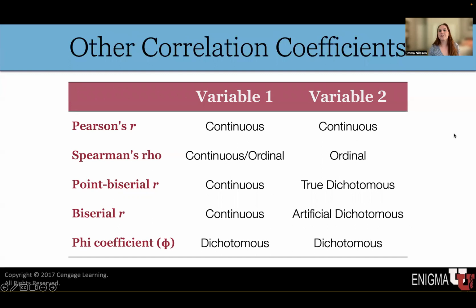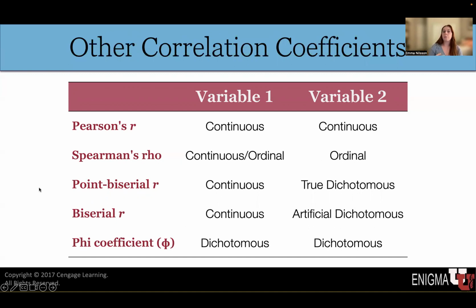And lastly, these are some other types of correlation coefficients that we can use in statistics to evaluate relationships when our variables are less than continuous. So Pearson's R can only be used if both variables are continuous. But if we have one variable that's ordinal, or if we have two variables that are ordinal, we use something called Spearman's rho.